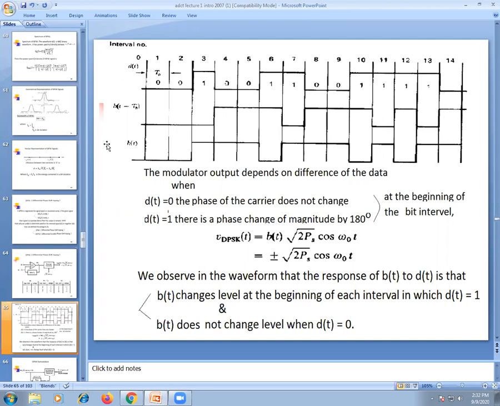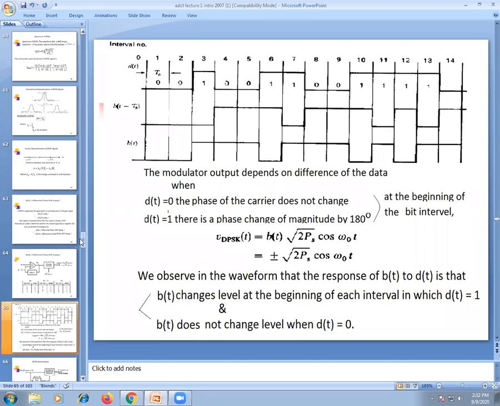That is the concept. So please remember that b(t) changes its phase when d(t) is equal to 1. The phase change means if it is 0, it is converted to high; if it is 1, it is converted to low.